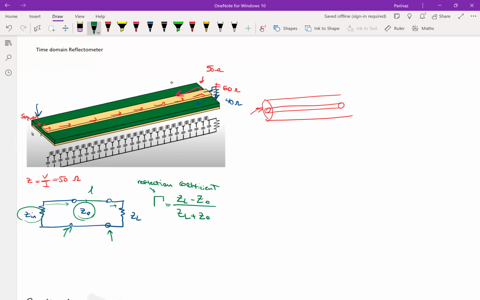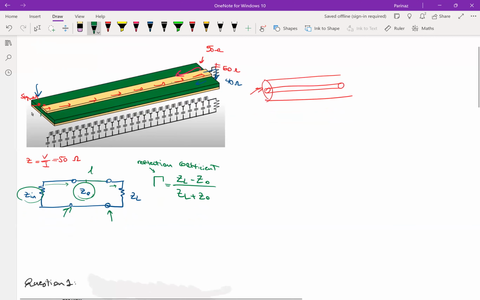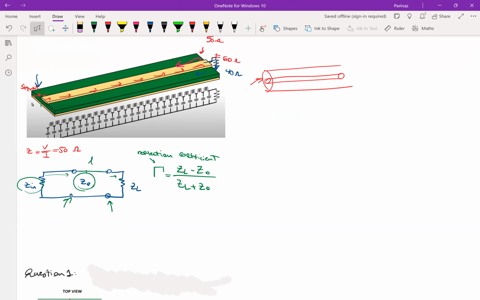Now you can define this reflection coefficient in frequency domain or in time domain, okay? What does that mean? In time domain, you basically follow the signal as it's traveling through the transmission line, and then at each moment, at each instant, you decide if there's going to be a reflection or not, okay?